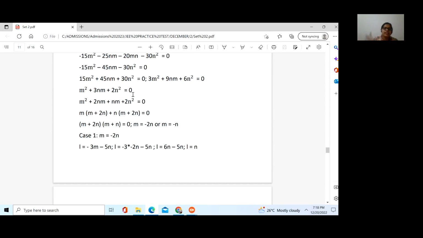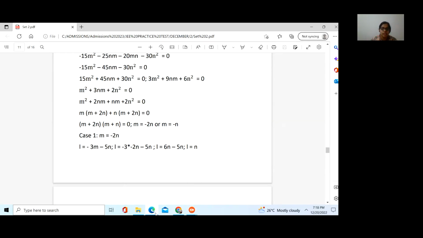Once you have the equation m square plus 3nm plus 2n square, you will be able to find the solution as (m plus 2n) and (m plus n). So for m, you have two values with respect to n: m is equal to minus 2n and m is equal to minus n. So we have two cases to solve.